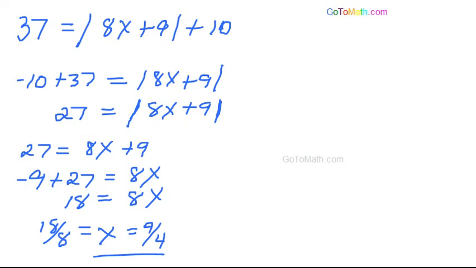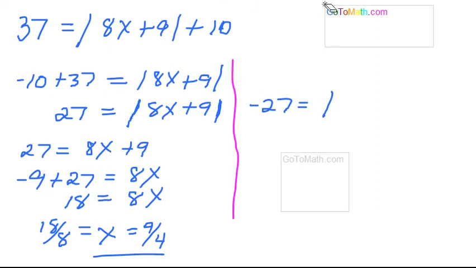Okay, so now let's go ahead and do part 2 of the horror story. All right, so we're going to look at this, and this time we're going to make that 27 negative. And we're dropping the absolute value bar.